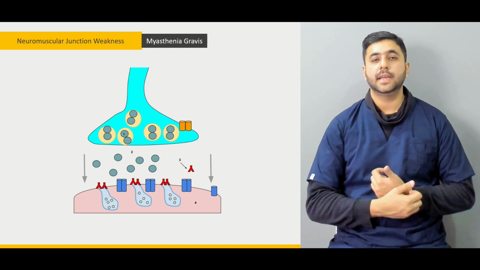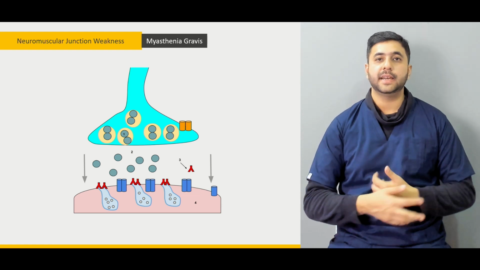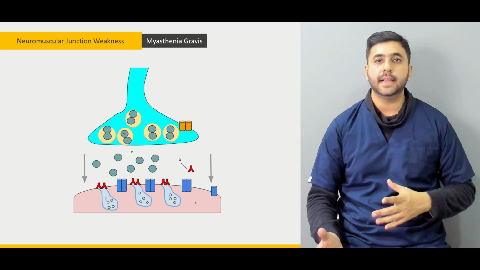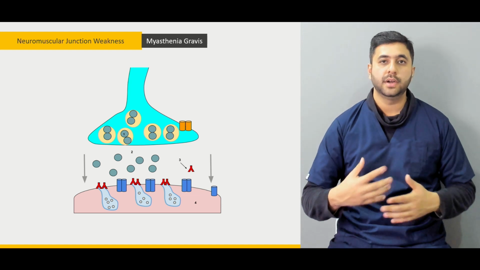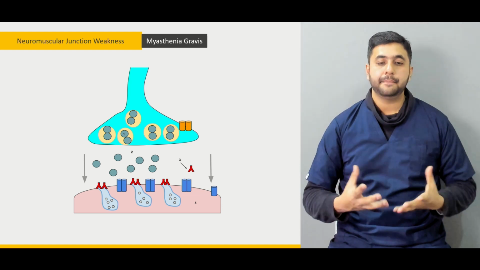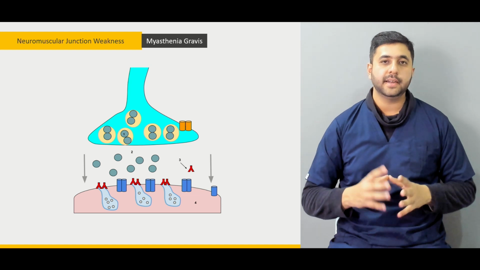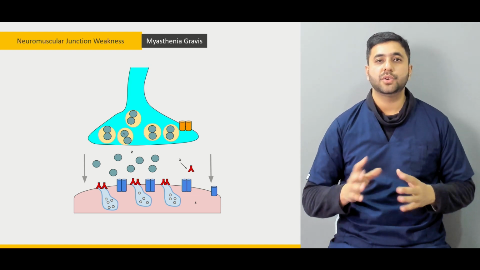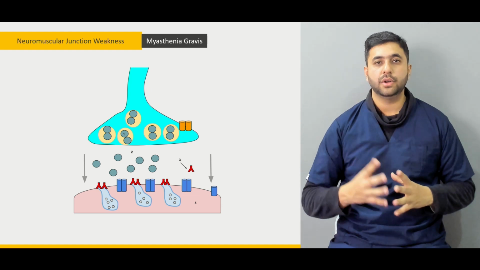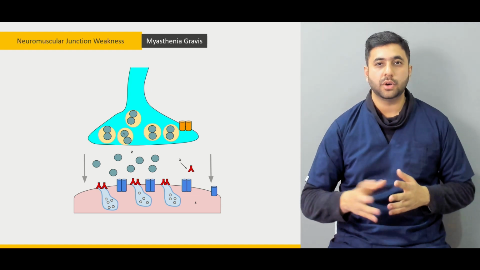And this is generally termed a stepwise weakness because it generally happens late in the evening when the muscle has been used for a long time. It is pretty much evident in the muscles which execute very fine activities, like your ocular muscles or your swallowing muscles or your finger muscles.